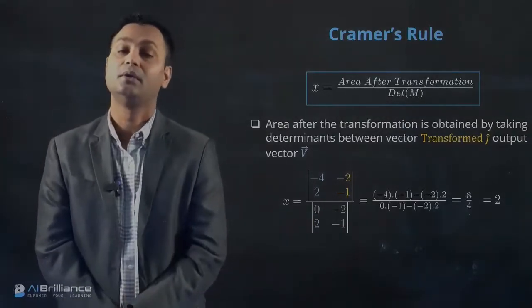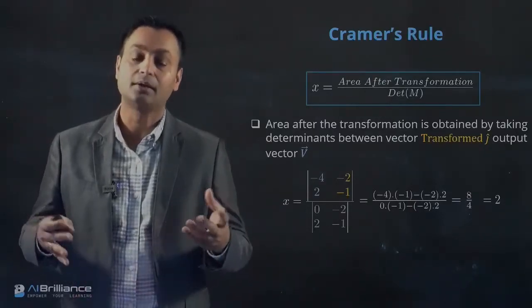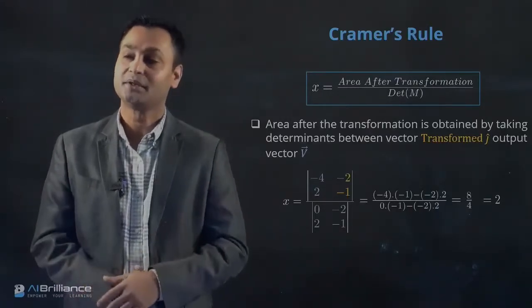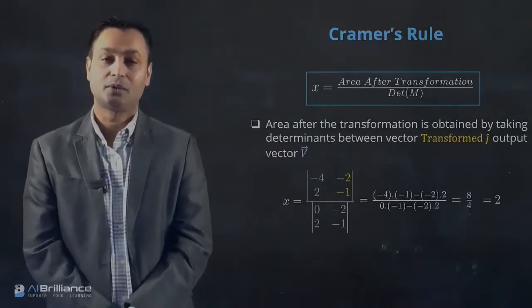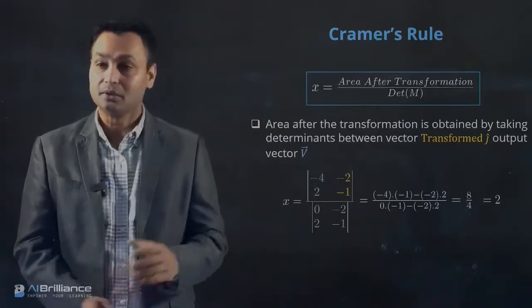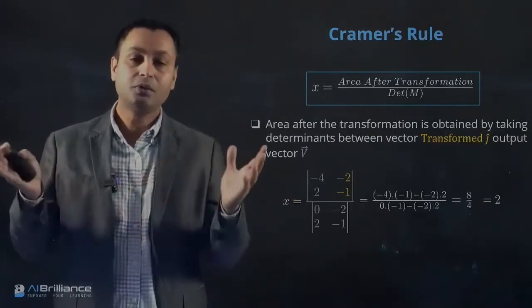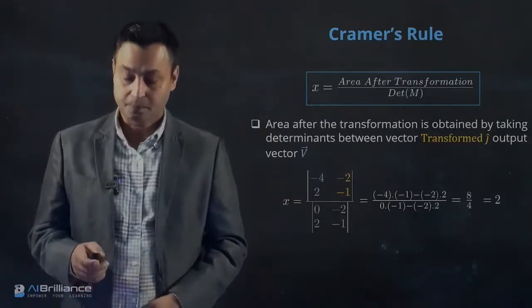And this is how you can understand geometrically what is going on with Cramer's rule. The equations that you see in the numerical implementation have this geometrical meaning, and hopefully you understood what is happening when geometric transformations take an unknown vector to a known vector. We can use these ideas of the determinant to solve for those unknown vector values.